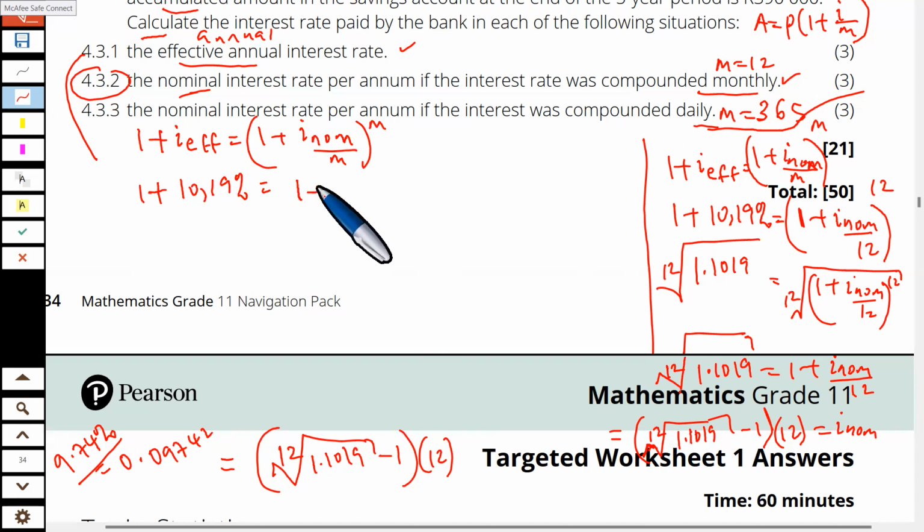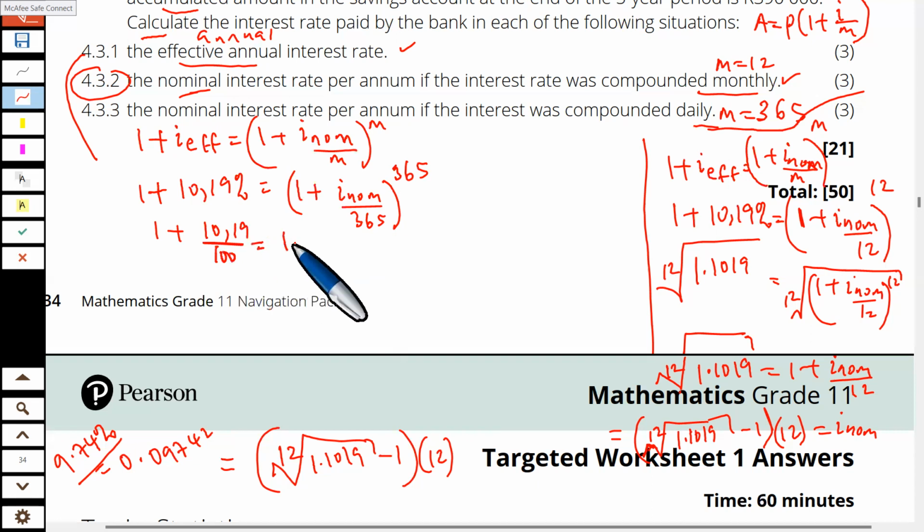But now we need to get the nominal rate when it's compounded daily. Daily, there are 365 days in a year, so m is 365, and you put 365 here and then solve for the nominal. As we indicated, this one is a percentage, so you must divide 10.19 by 100.